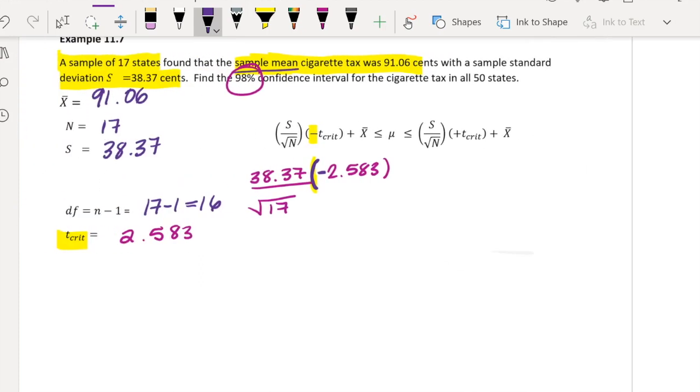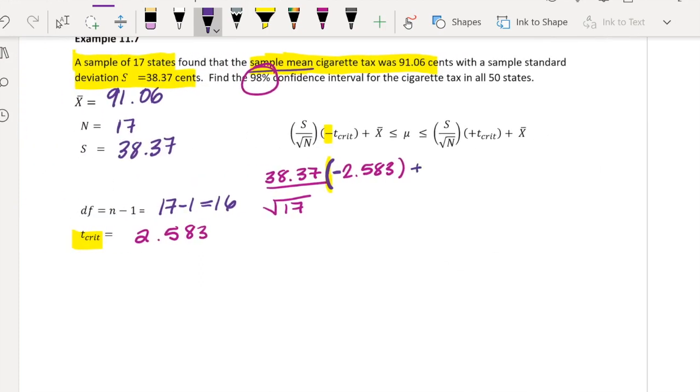Okay, plus 91.06, mu. Square root of 17 times 2.583 plus 91.06. There's a decimal there, sorry.